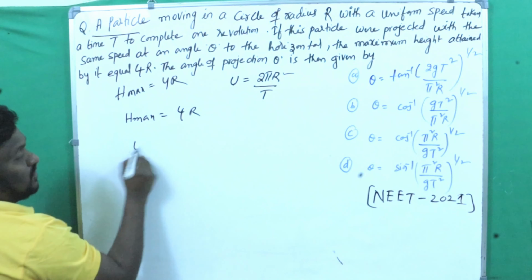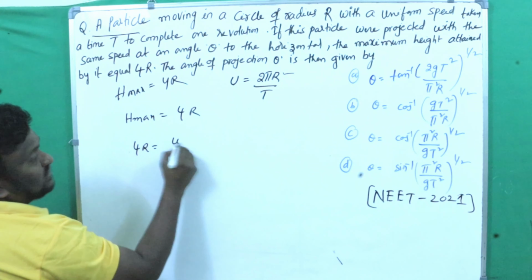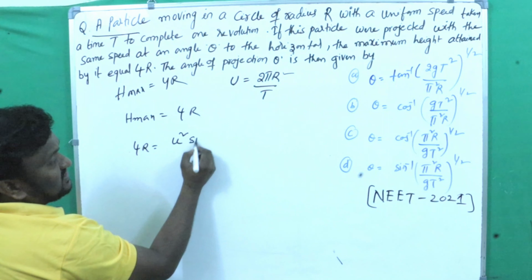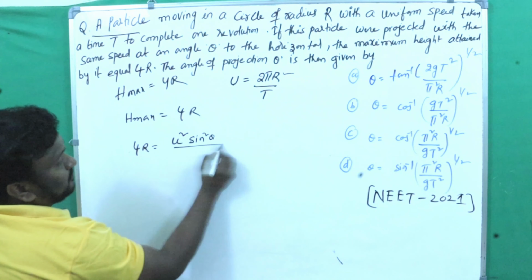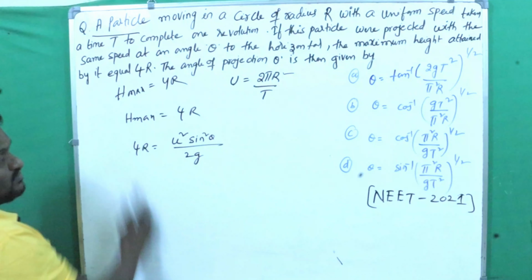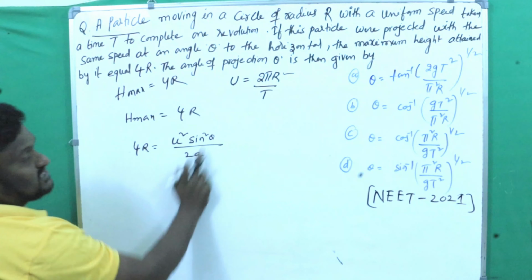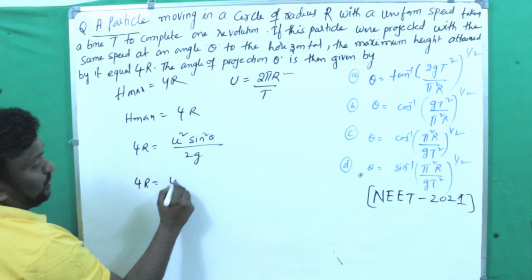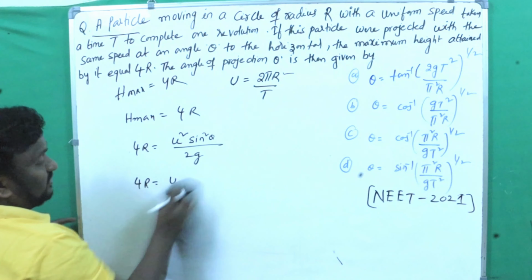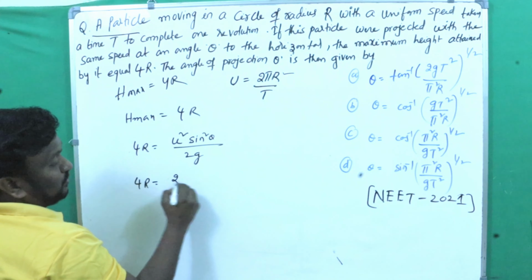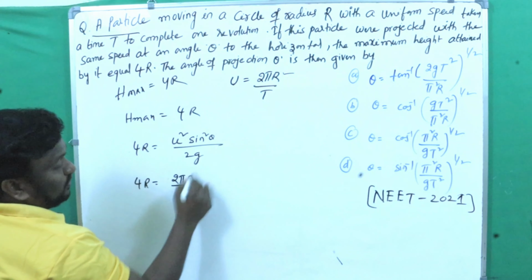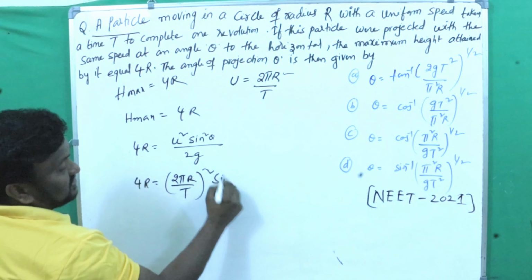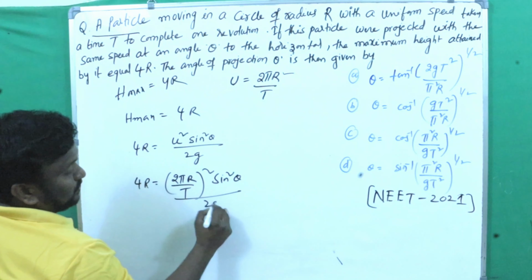So 4r is equal to H maximum, and the formula is u square sin square theta by 2g. 4r is equal to u square sin square theta by 2g. Then what is the u value? Here it is 2 pi r by t, whole square, into sin square theta by 2g.